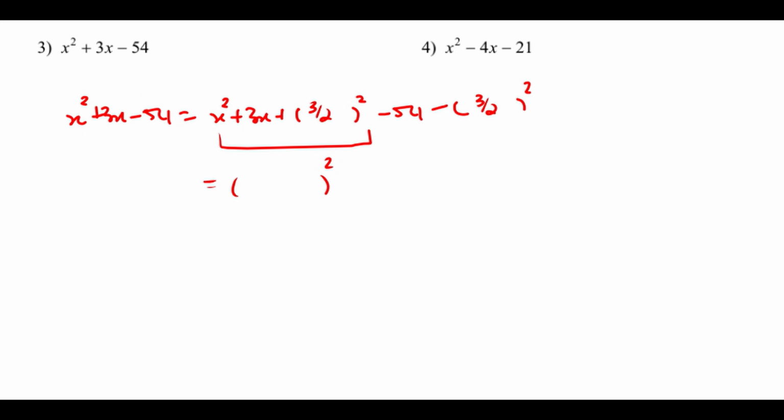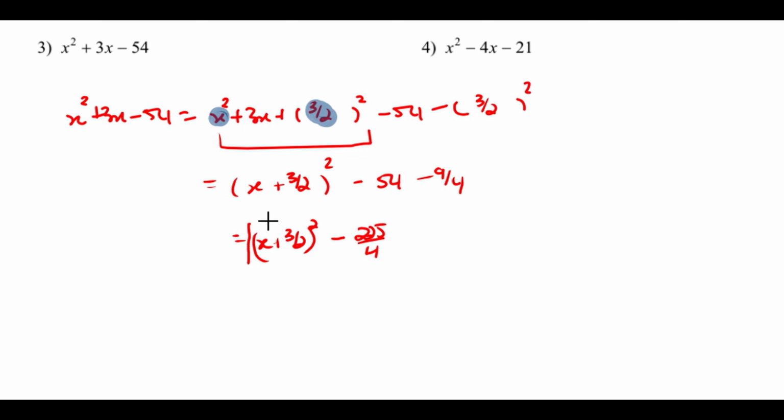The terms we put inside the bracket are the x and 3/2. So x plus 3/2 minus, and then we just calculate this, minus 54 minus 9/4. So that's x plus 3/2 all squared minus 225/4. This is now completing the square form or turning point form.